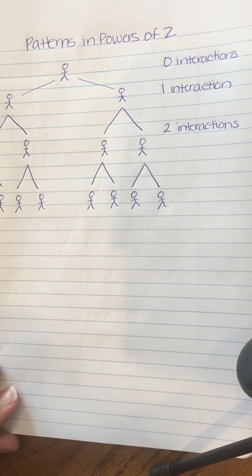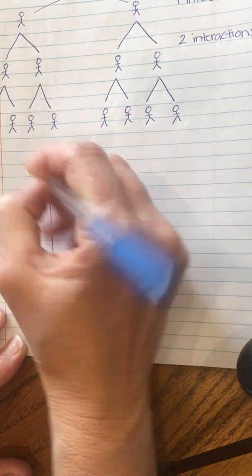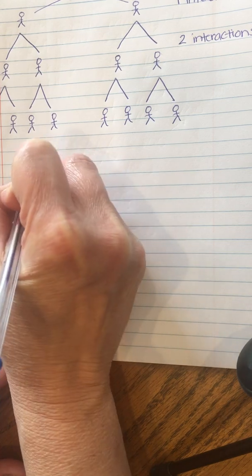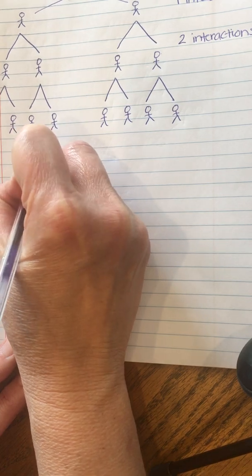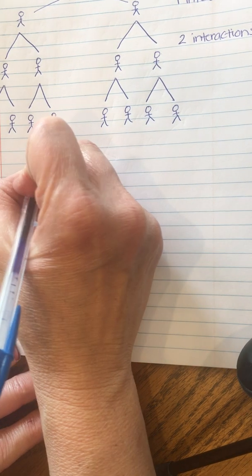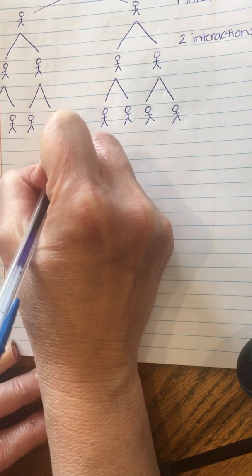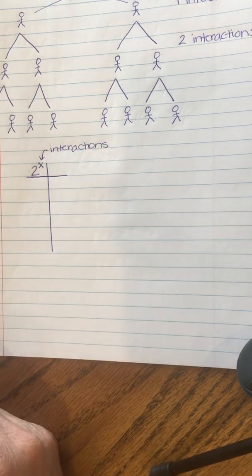So let's look at this in a math lens. Let's go ahead and make a 2-column notes here. And we're going to say that this virus is doubling, and we want to know how many people would be affected by each interaction. This X exponent stands for the number of interactions.